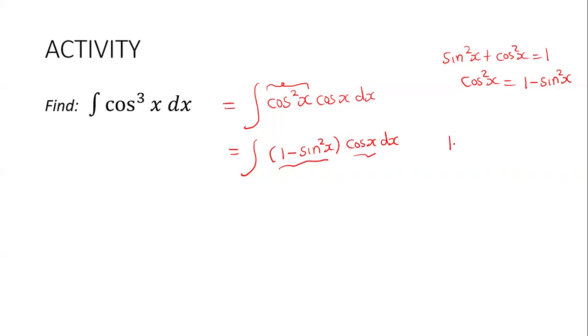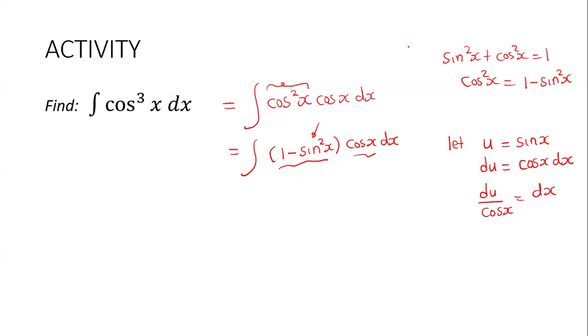Let u equal sine x. Then I differentiate: du is equal to cos x dx. But my interest is in the dx, so dx is equal to du out of cos x.